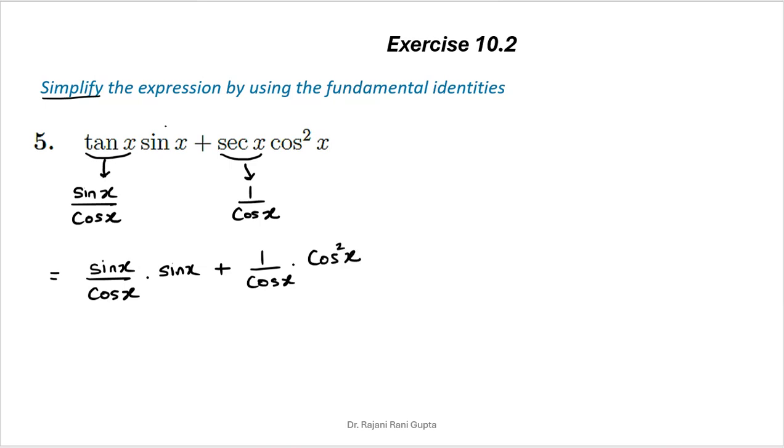Now, if you are multiplying these two, if you multiply sine with sine, it is sine square x over cos x, plus what you get here? Cos square x over cos x, because you will multiply 1 with cosine x.